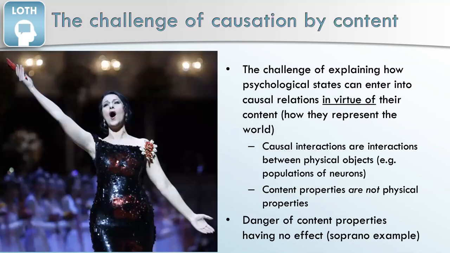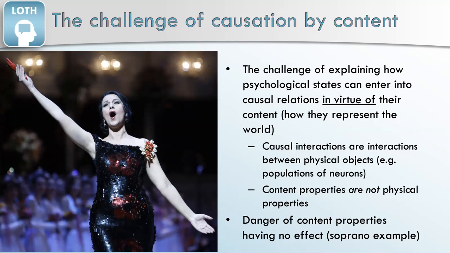All right, so how does content do anything? It doesn't seem like there's content involved in your neurons. They're just firing. It doesn't seem like it's involved in any brain states. They're just doing stuff. At some point, your mind comes into the picture and it starts doing things. So imagine an opera singer sings at a very high pitch and causes a glass to shatter, and she happens to be singing the word shatter.